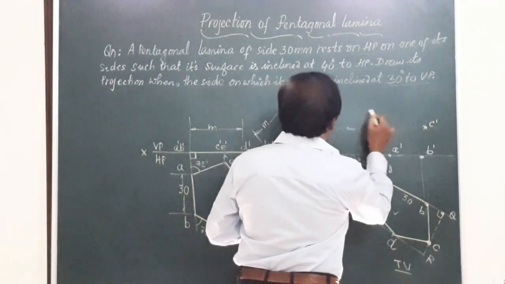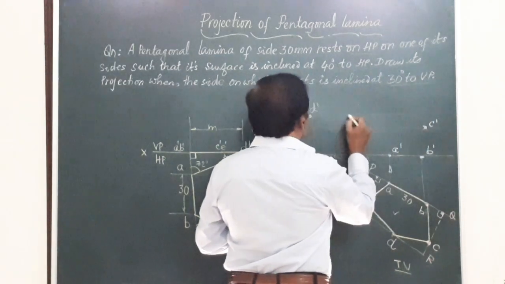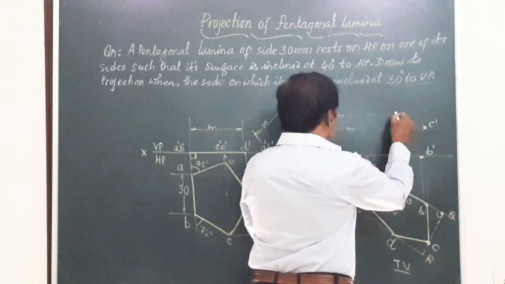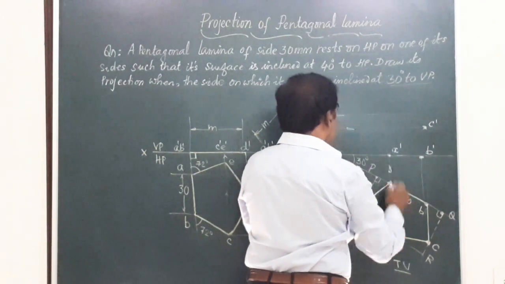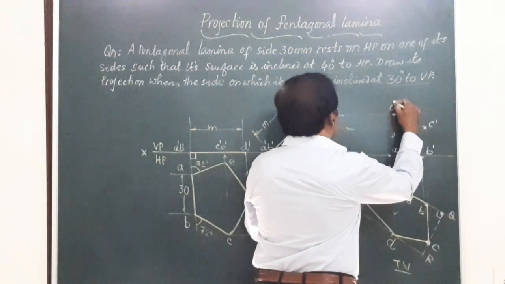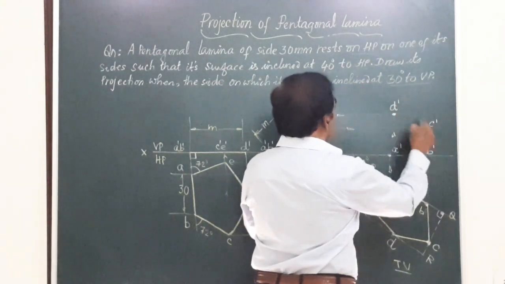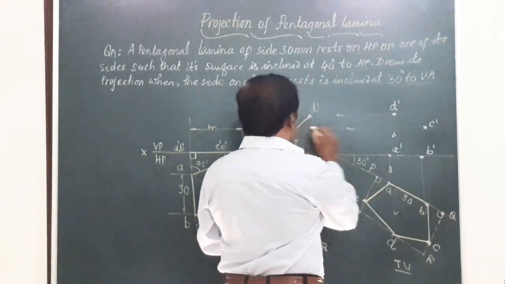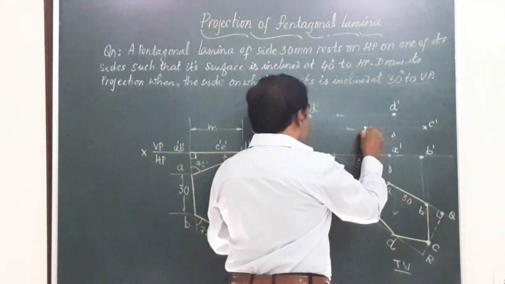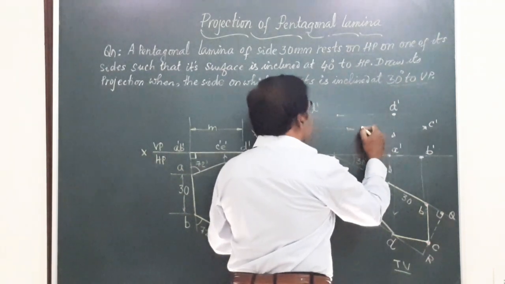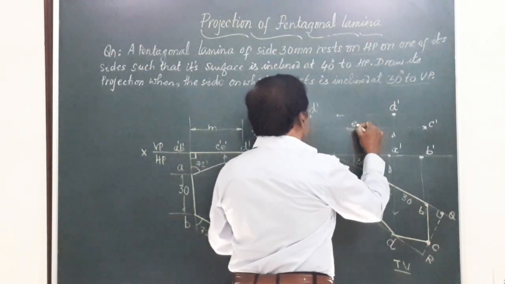So write a horizontal from D, a vertical from D, the point where these two intersect will give you point D dash. So we have A, B, C, D. Finally E. So draw a vertical from E, horizontal from E. They intersect at this point. So we will call this point E dash.